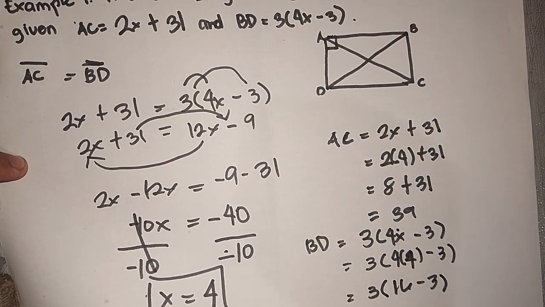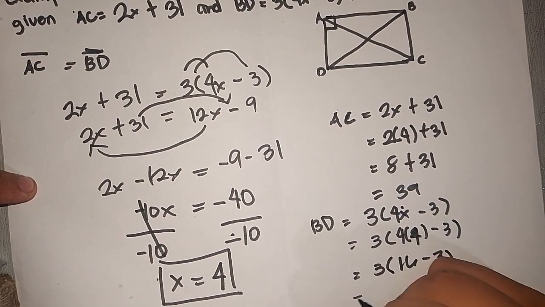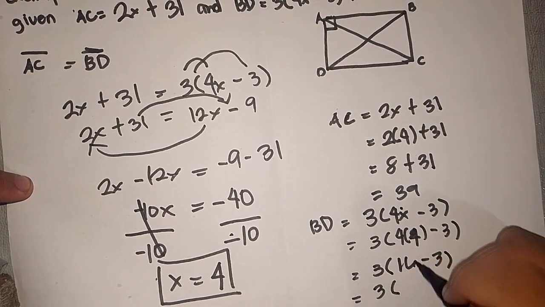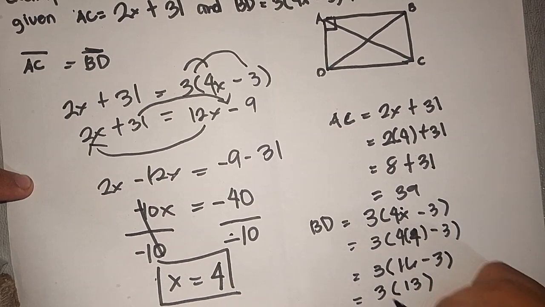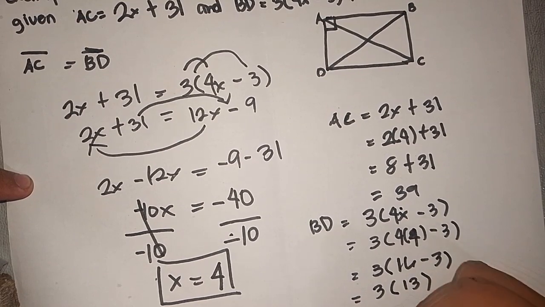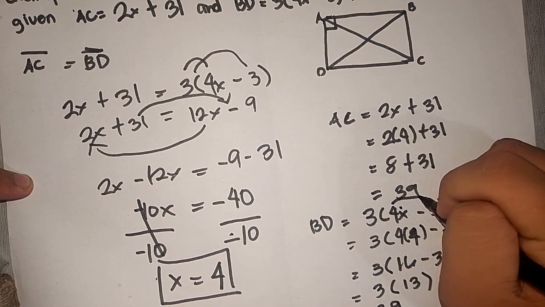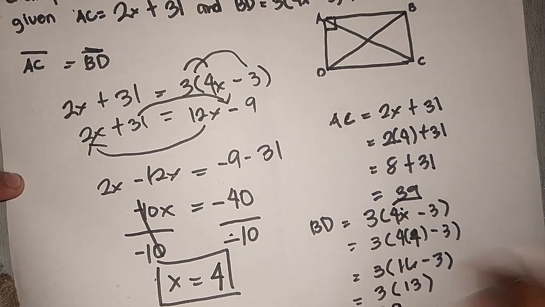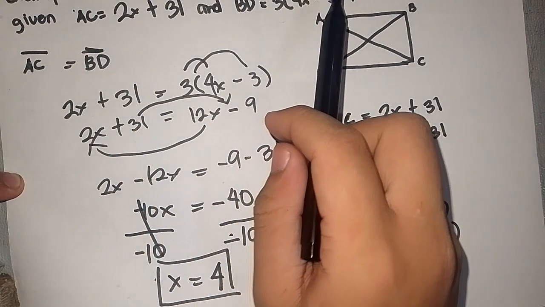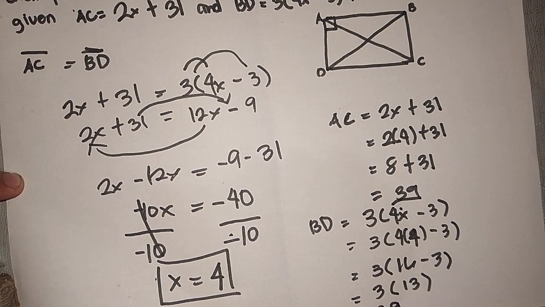Following PEMDAS, the parenthesis goes first, so 16 minus 3 is equal to 13. Then 3 times 13 is 39. So they are the same, which means theorem 2 is correct. So, the length of AC and BD is 39.